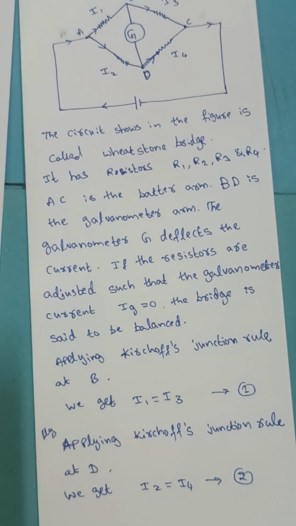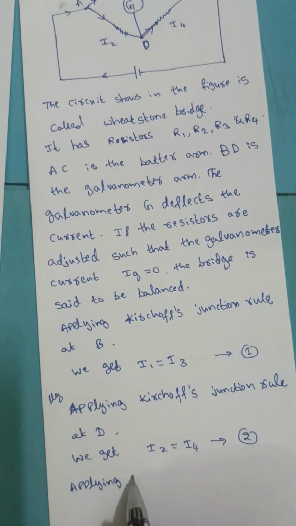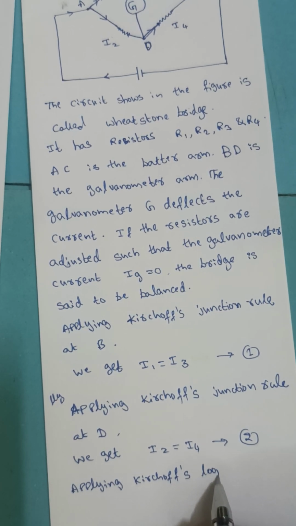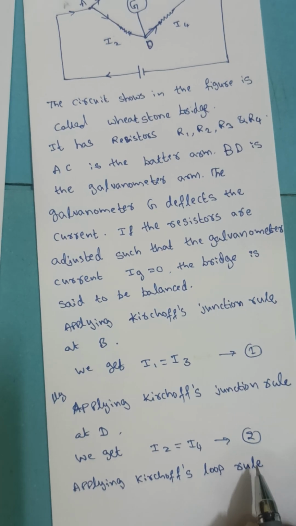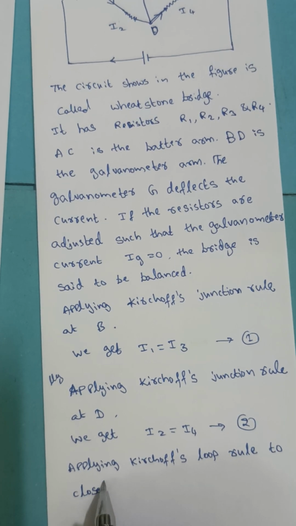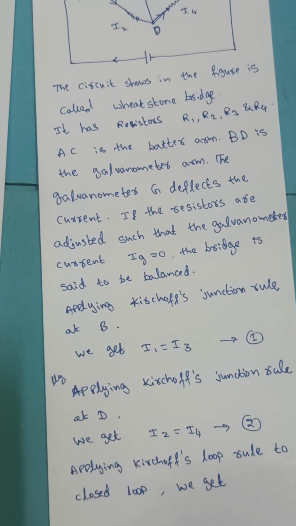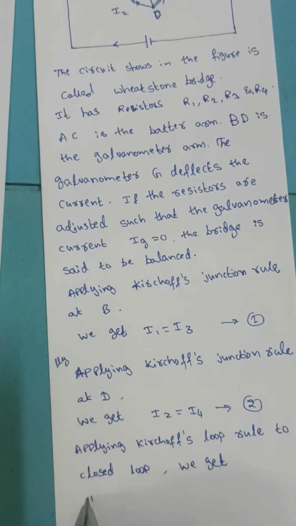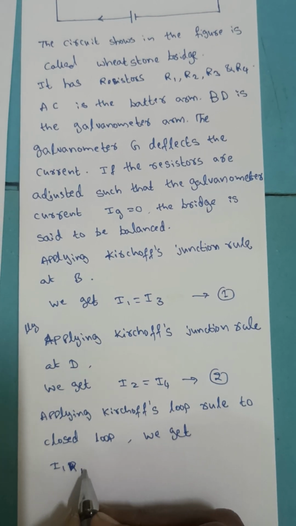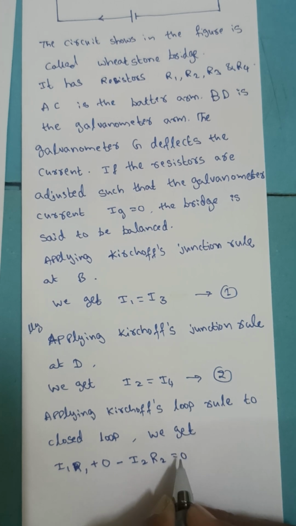Applying Kirchhoff's loop rule to a closed loop, we get I1 R1 plus 0 minus I2 R2 is equal to 0.